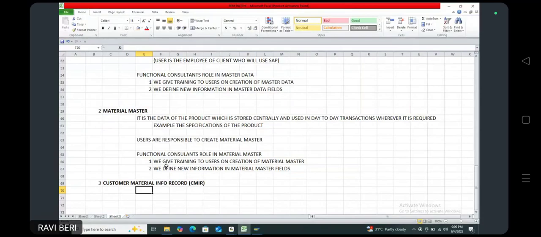Okay. So if the customer is placing an order with their own material codes, then we use this customer material info record. And here we'll assign the customer material code to the company material code.